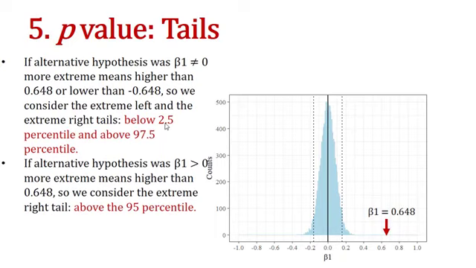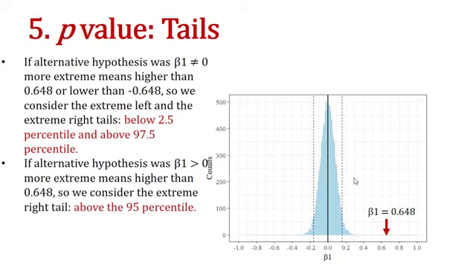And the reason why we used 2.5 and 97.5 before is because we want 2.5% of the distribution to the left, and we look at 2.5% of the distribution to the right. So together we have 5% of the distribution. Now, if the alternative hypothesis is directional, then we don't look at this part of the distribution, so we want to look at the 5% to the right of the distribution.